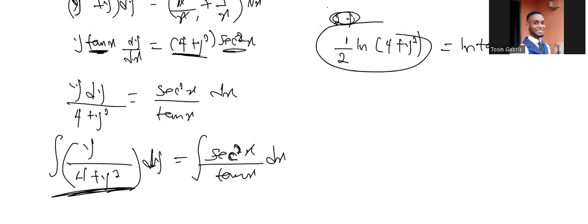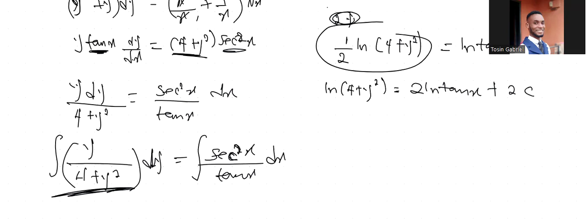At this point, you can simply multiply everything by 2. When you multiply everything by 2, you have ln of 4 plus y squared equals 2 ln tan x, plus 2c.